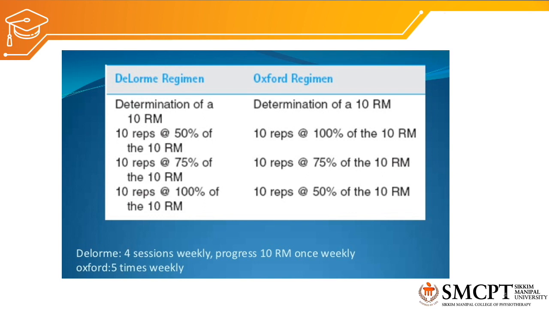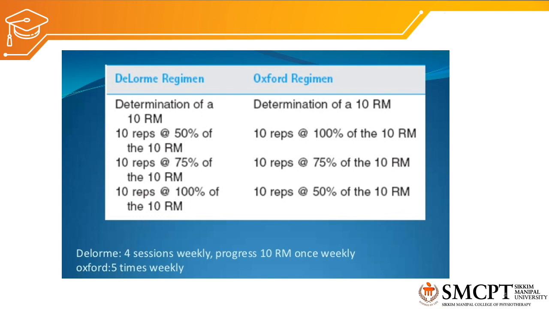Delorme regime explains that first we have to determine the 10 repetition maximum for a particular muscle. We are taking an example of quadriceps. If the quadriceps muscle overcomes 20 kg for 10 times, that is, if the quadriceps muscle is able to extend the knee against 20 kg for 10 times, then that is considered as the 10 repetition maximum.